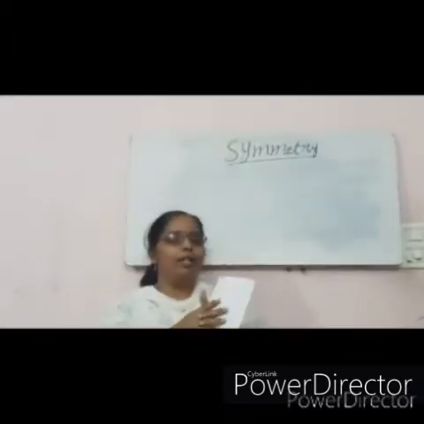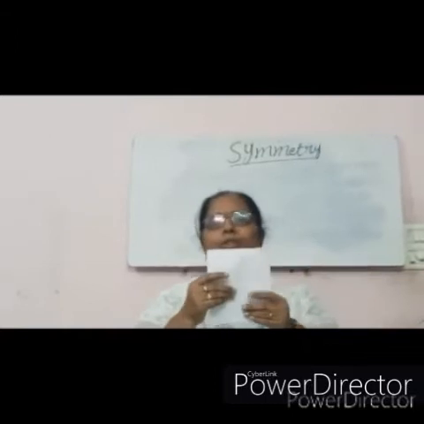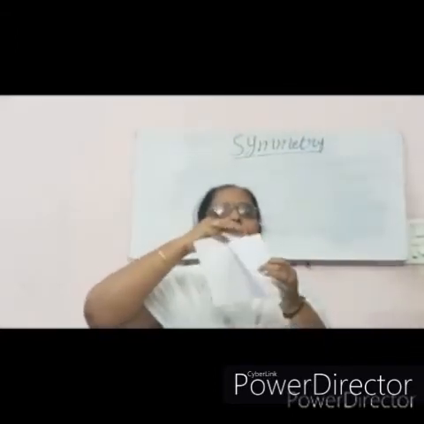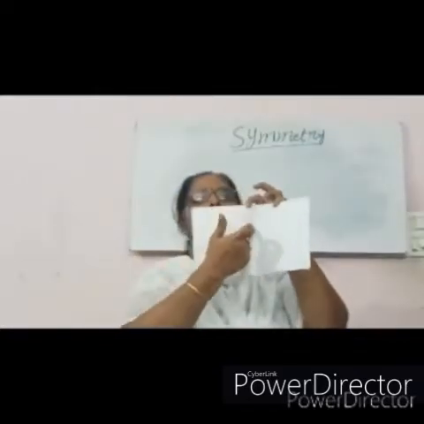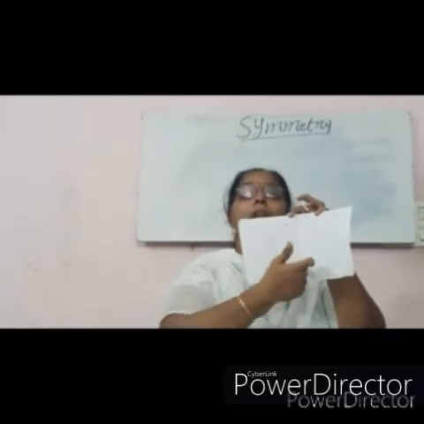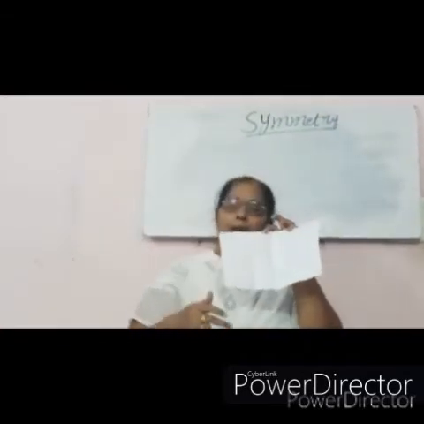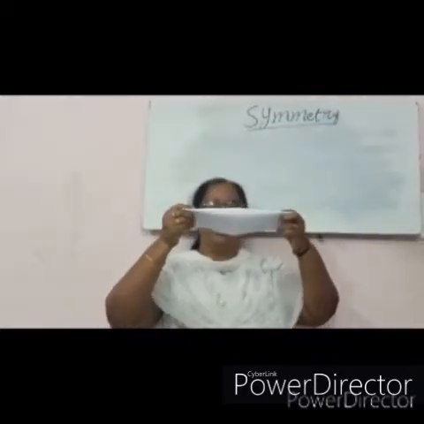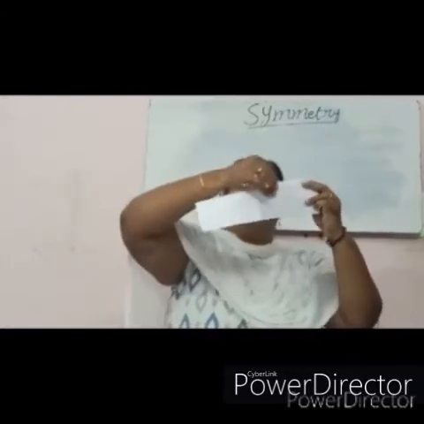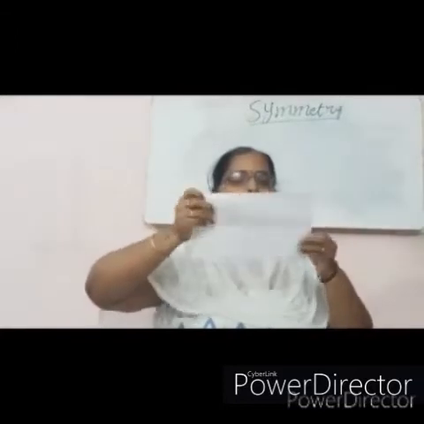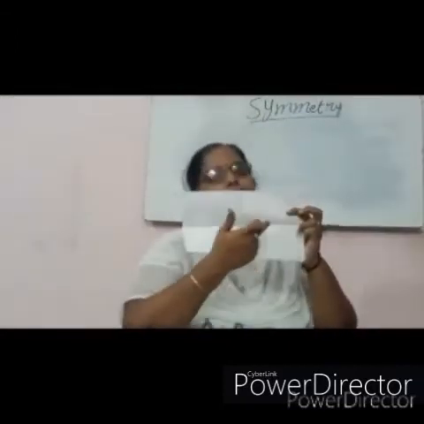Now, if this is a symmetrical figure, when I fold like this, you are able to observe a crease here. This line is called the line of symmetry. This line of symmetry might be a vertical line, or if I fold like this, then it is a horizontal line of symmetry.